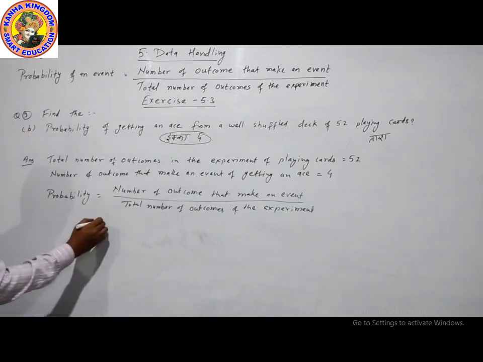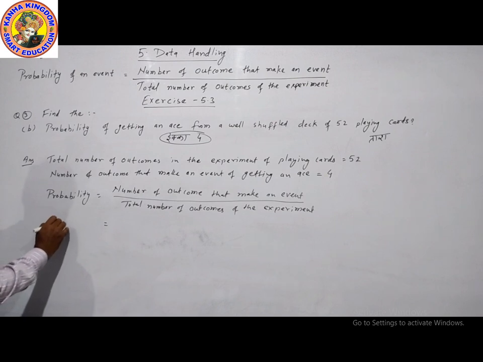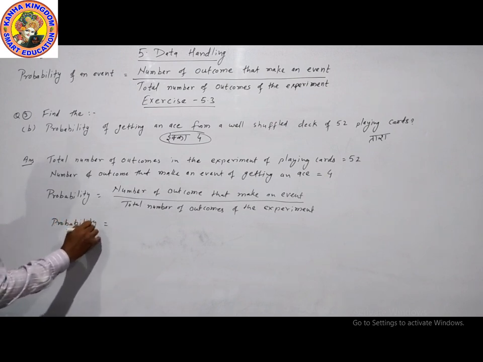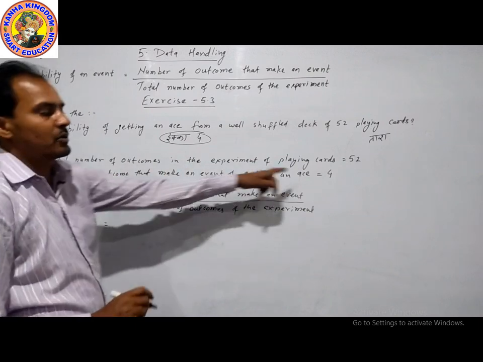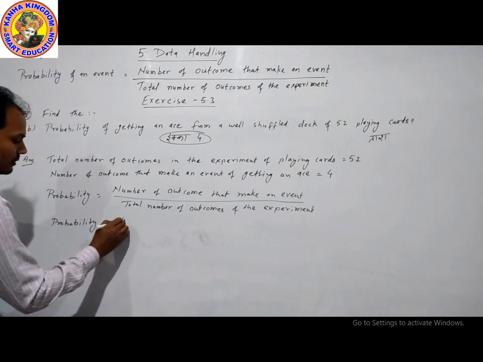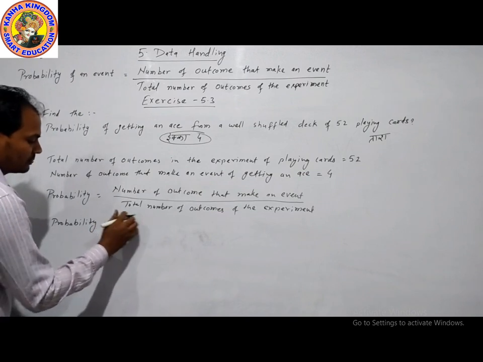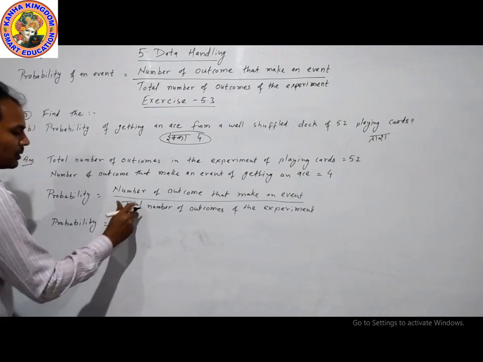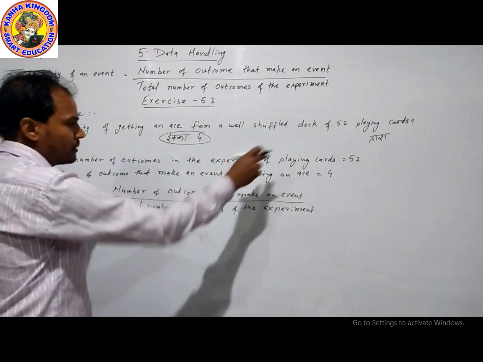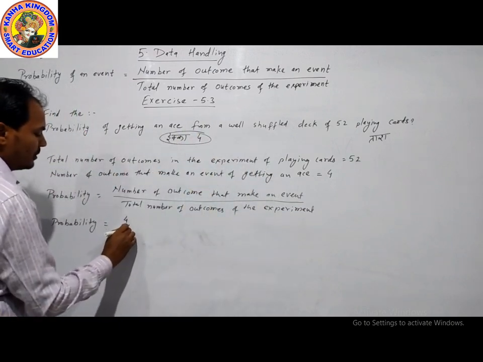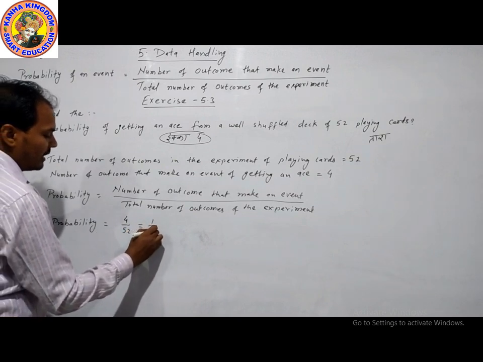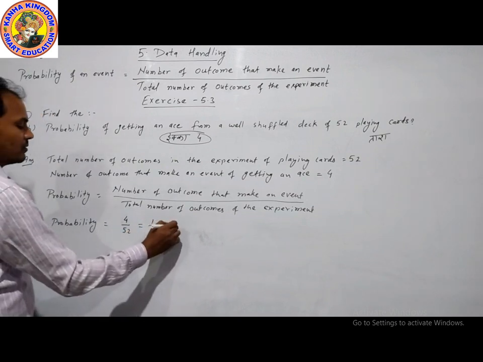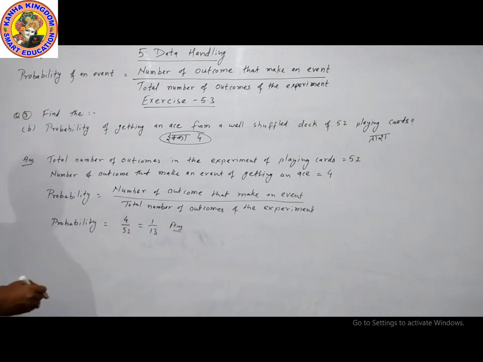This is our formula. Now putting the value. The number of outcomes in the event is 4, over the total number of outcomes, 52. We can cut by 4, 1 time and 13 times. This is our answer.